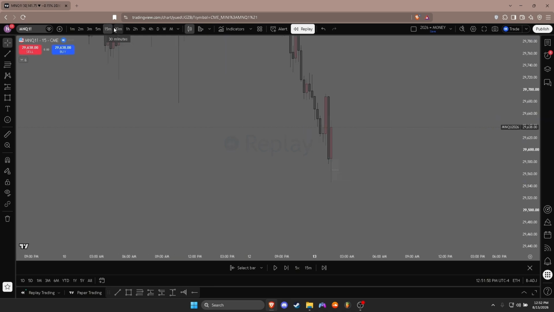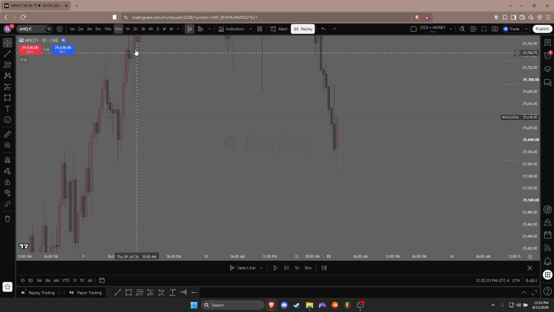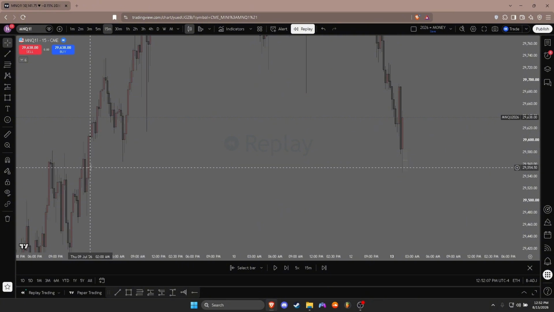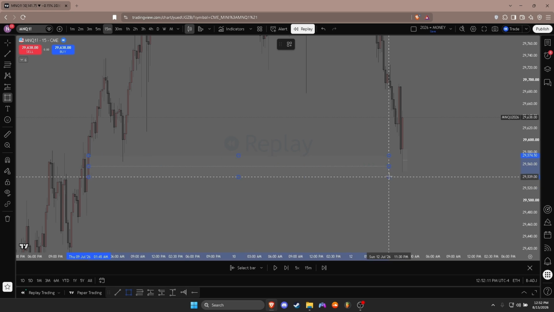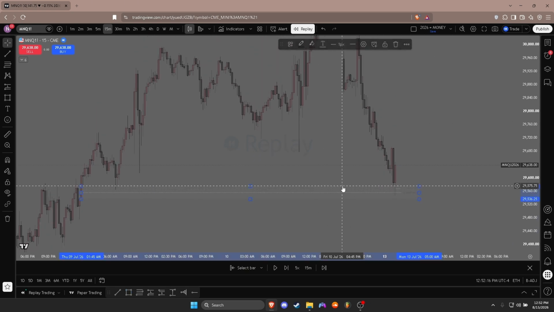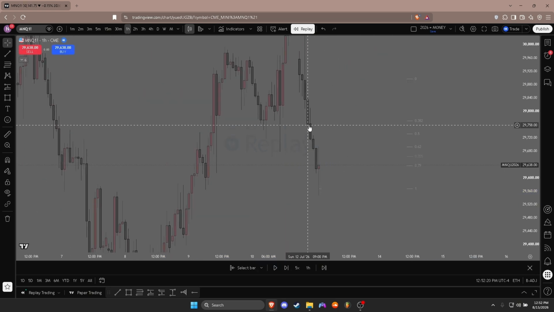There's not really anything else in the higher time frame, but we have these gaps below that we're expecting, this gap right here, and we have targets above. We have these unfilled hourlies.